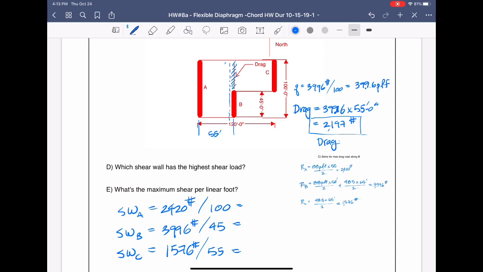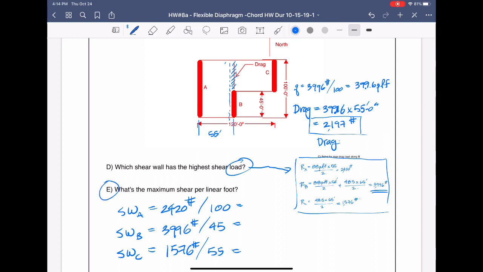And so when we do that, oh, I'm sorry. So to do D, it's actually this. When you look at it, you're just saying what the term was load, right? So which one has the highest load? We would choose B because it has 3,996 pounds, right?